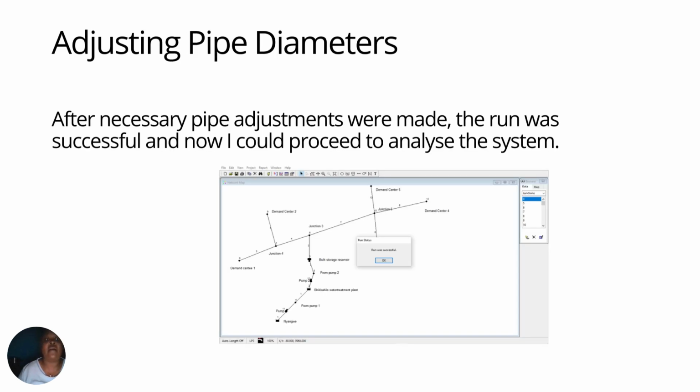Now, after the necessary pipe adjustments were made, the run was successful, and now I could proceed to analyze the system. I analyzed the system and ran the simulation, and the simulation was successful, as you can see on this particular screenshot.